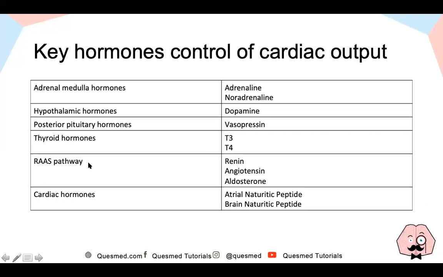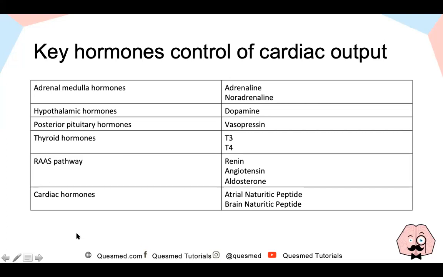We have hormones from the posterior pituitary gland, so that's vasopressin or antidiuretic hormone. We've got our thyroid hormones, T3 and T4. We've got our renin, angiotensin, aldosterone pathway, so we've got renin, angiotensin 2 and aldosterone.